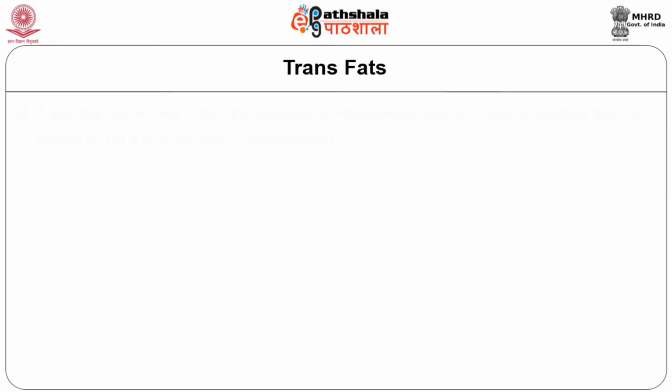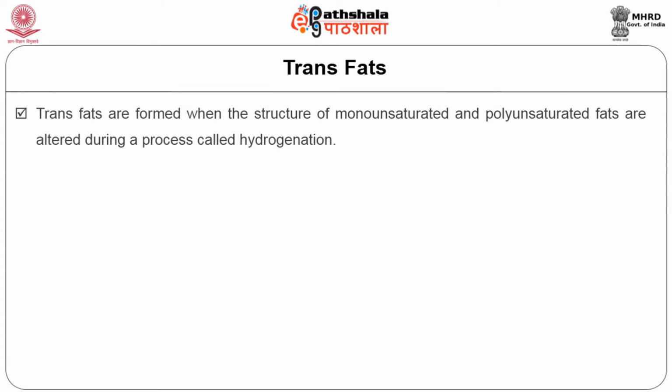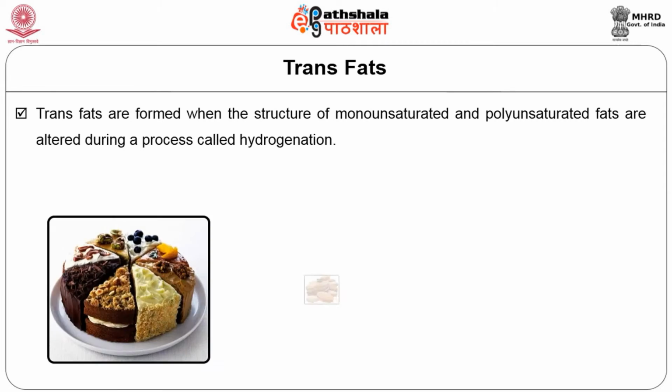Nowadays, a lot is discussed about trans fats in terms of health. What are they? Trans fats are formed when the structure of monounsaturated and polyunsaturated fats are altered during a process called hydrogenation.